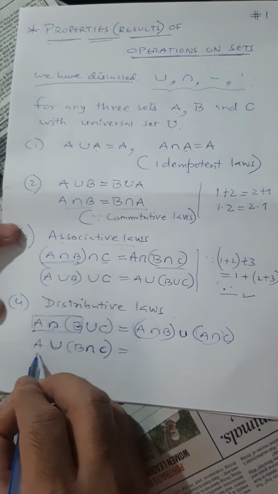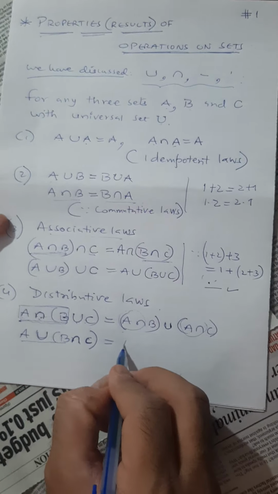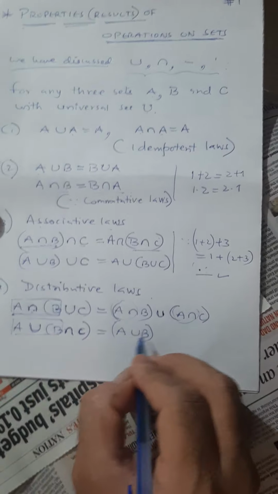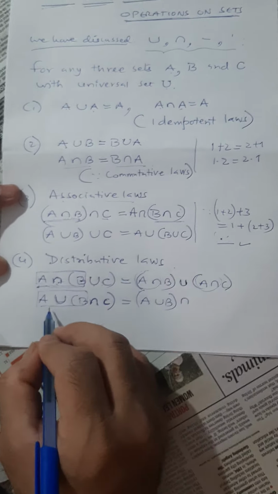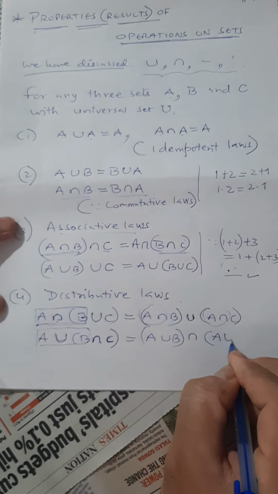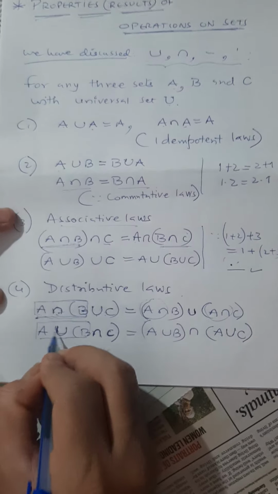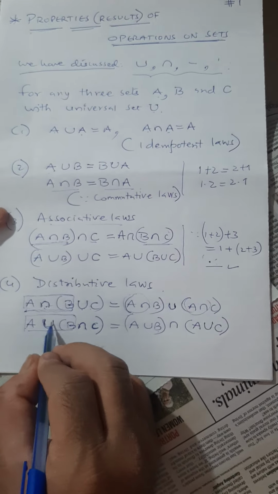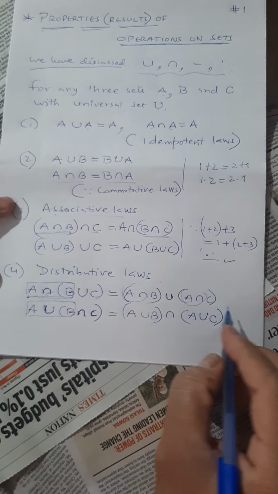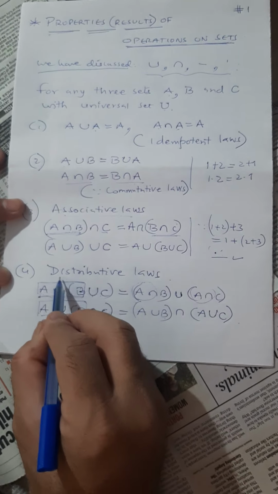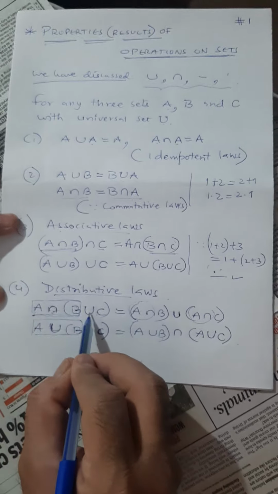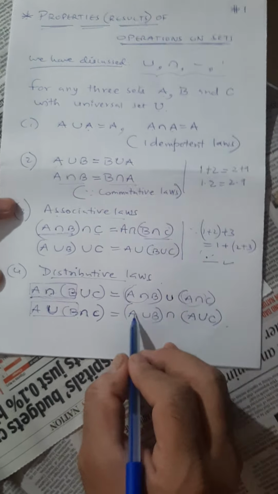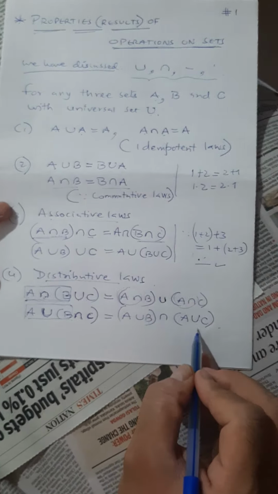Same way here, A union B intersection A union C. So these are the two important properties which are called distributive: intersection over union, union over intersection. Always true for any three sets.